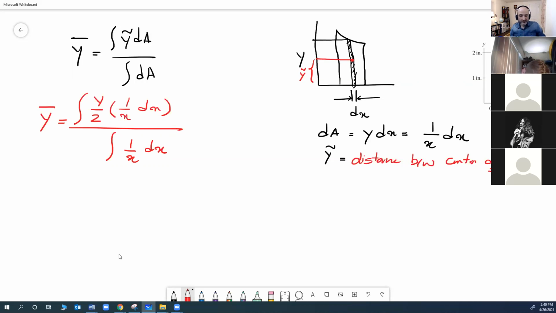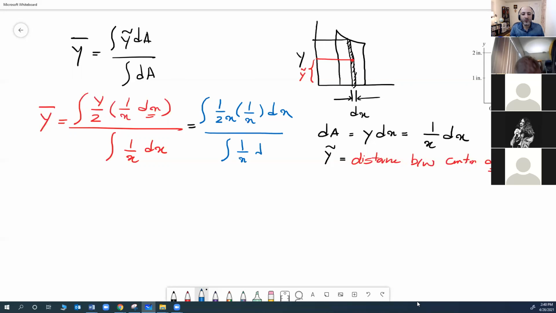I have to get rid of this y because my variable is dx. I can't have y over 2. Y over 2 is 1 over 2x. So it's going to be the integral of 1 over 2x times 1 over x dx, over the integral of 1 over x dx.